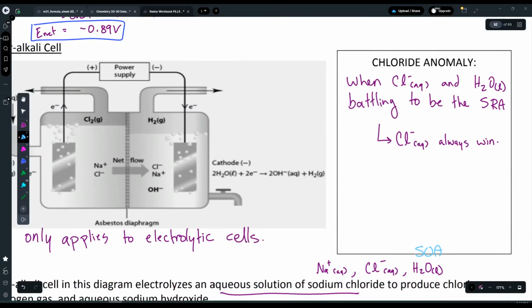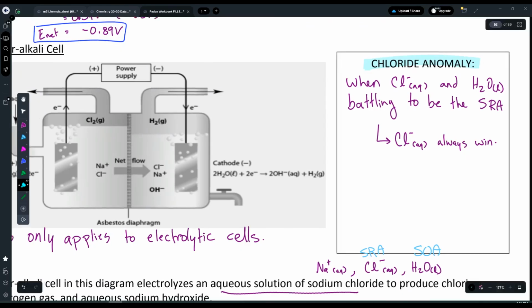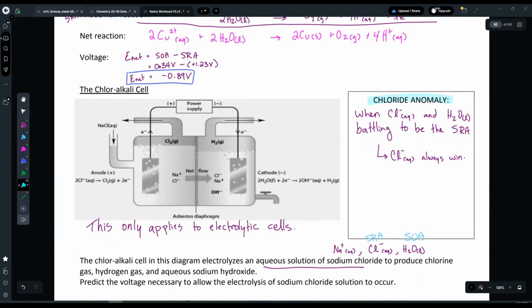Okay, so then I'm going to label these as SRA down here. So it's very important that you know the chloride anomaly and that you're able to apply it, but you only have to apply it for electrolytic cells. Okay, so for non-spontaneous reactions.